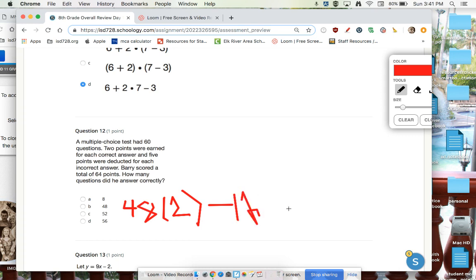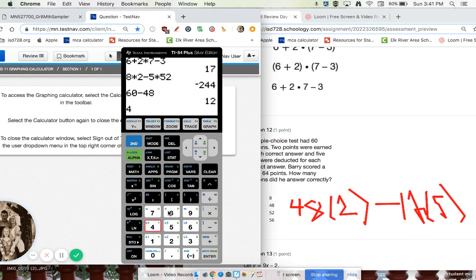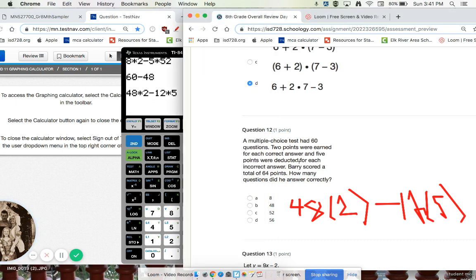So I'll just type that in. So 48 times 2, and the calculator will do order of operations, so I don't even need to evaluate. 12 times 5, enter, 36. Okay, that's not it.